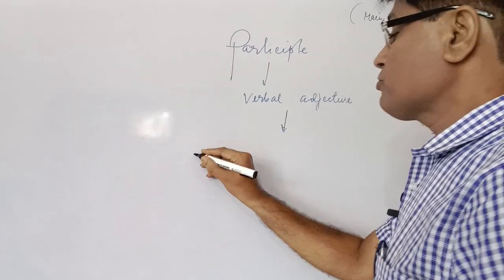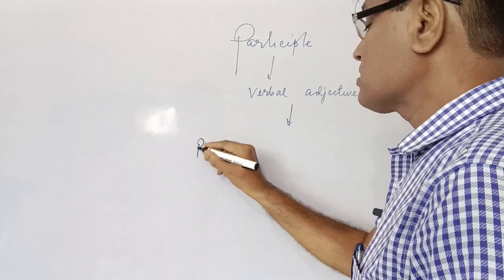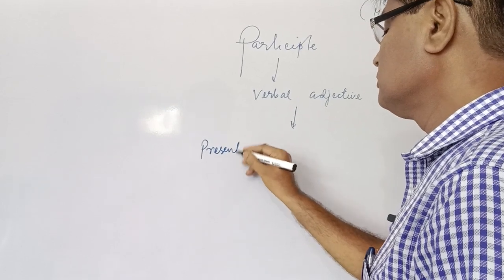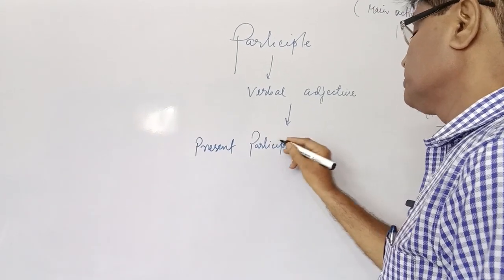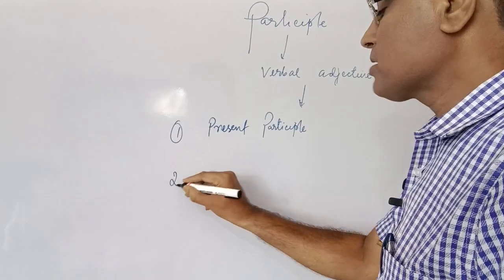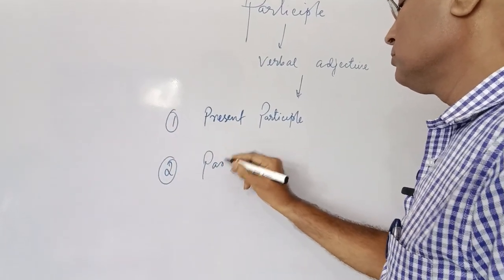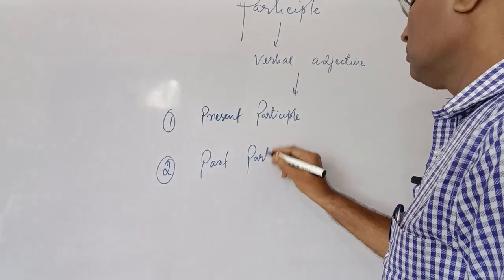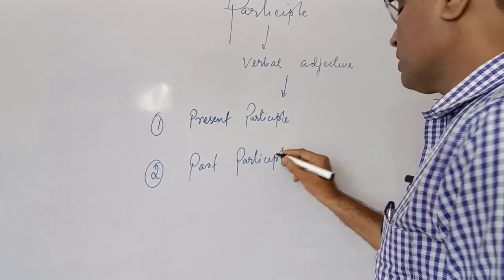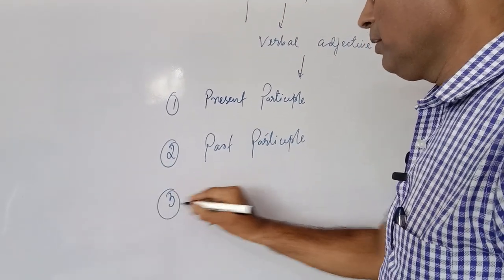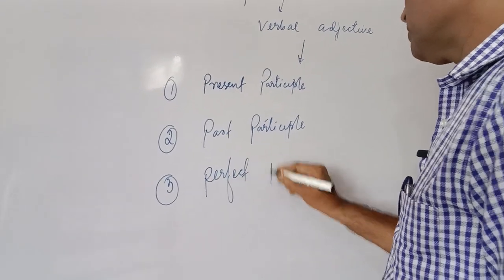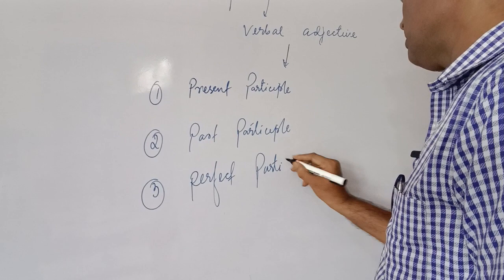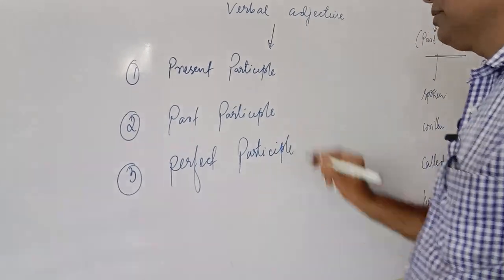So, the first one is called present participle. The second one is called past participle. And the third one is called perfect participle. Participle is used in three ways: present, past, and perfect participle.